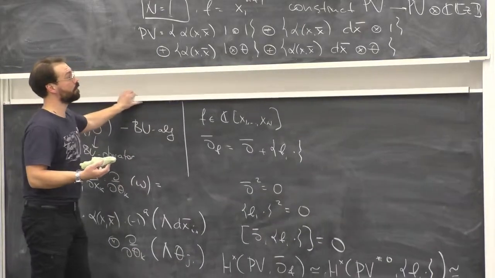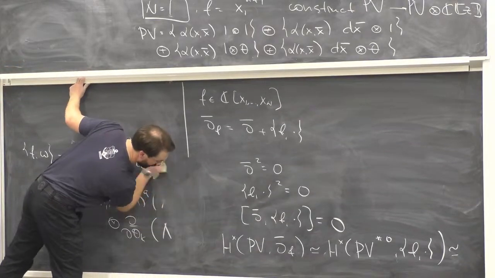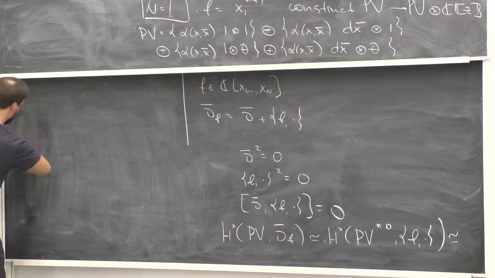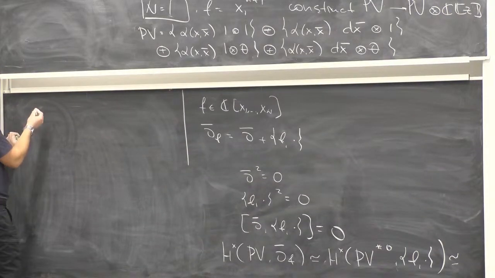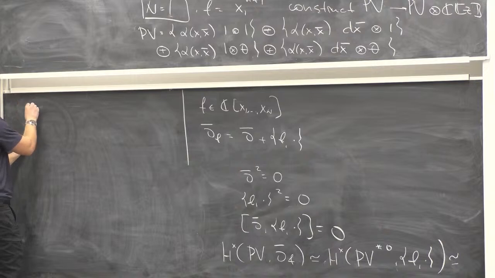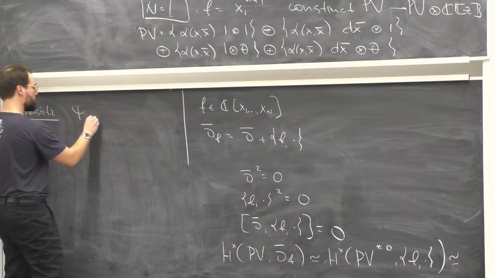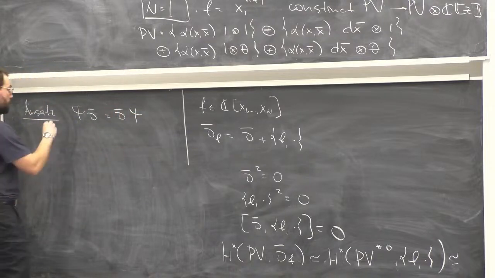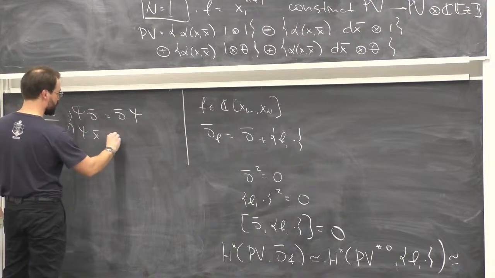So now, because I only need an example, I will take my map psi. That's an ansatz for my construction: first of all, psi commutes with d bar, and second, psi commutes with multiplication by x bar.